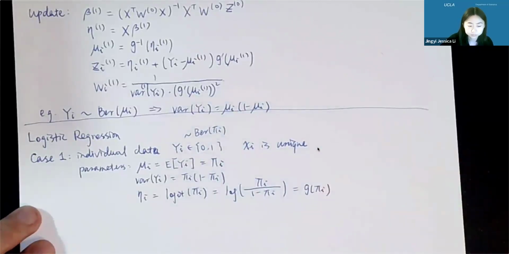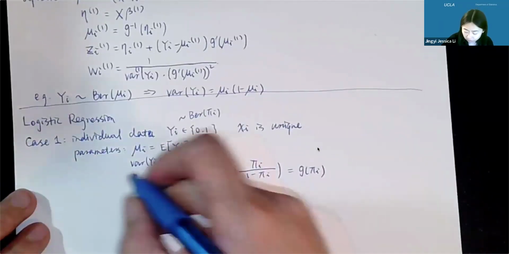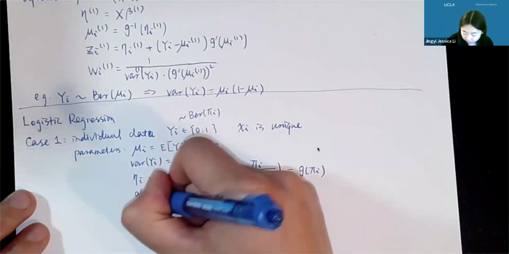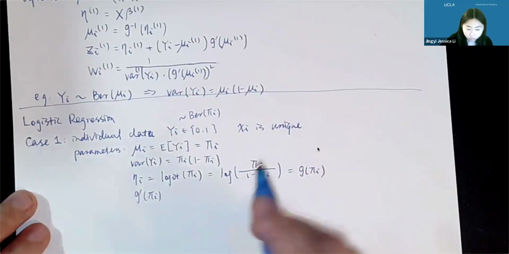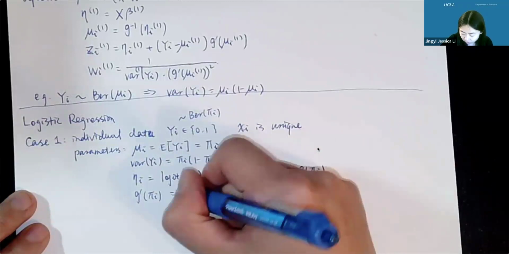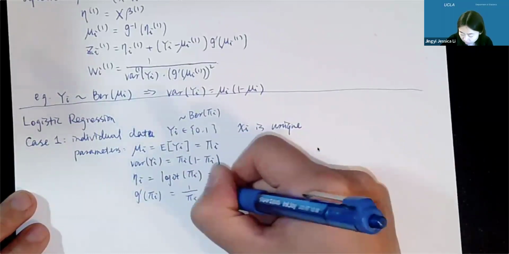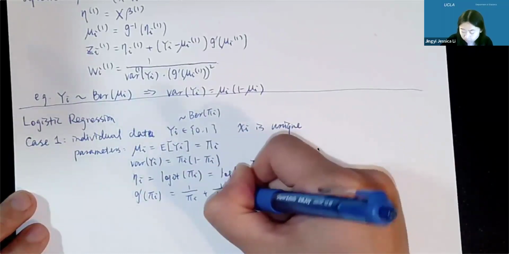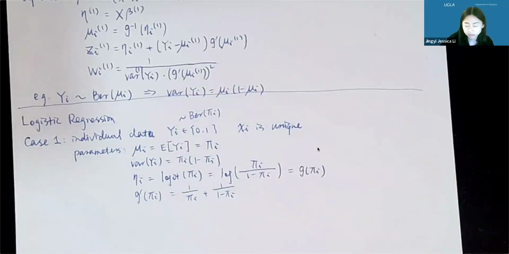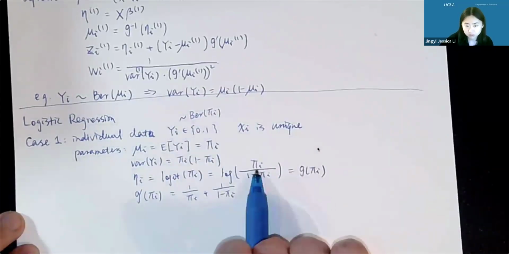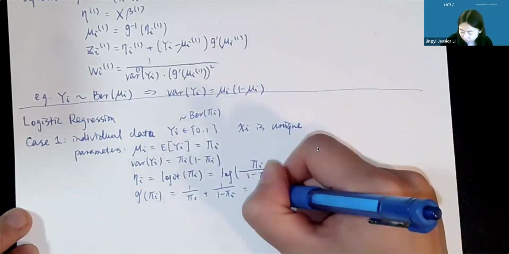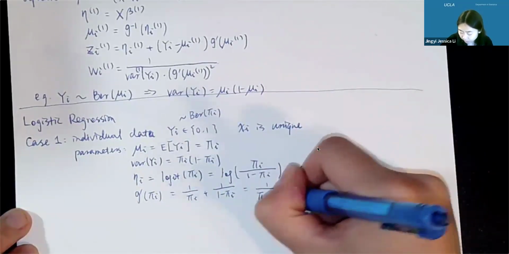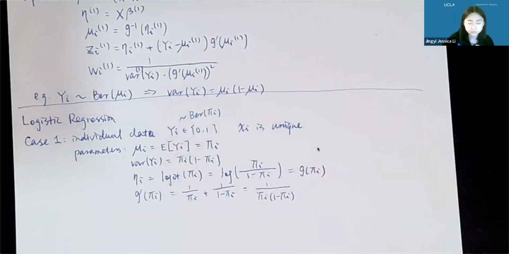So if we need g prime, the derivative, g prime of pi i, we just need to take the derivative of this, and we get 1 over pi i plus 1 over 1 minus pi i. I skip the calculus detail. Basically, this is the result if we take the derivative. And we can show that it can be combined as 1 over pi i times 1 minus pi i. That's the g prime.